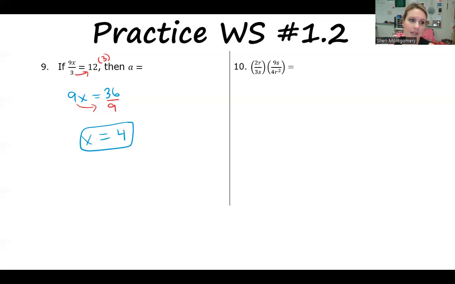The next one, we are multiplying and we got some variables going on. Let's see if we can reduce. All right, we've got R and S. 2 and 4 can definitely reduce. And there's R's. So one of those R's will cancel. So this becomes just a 1 and this is a 2R.